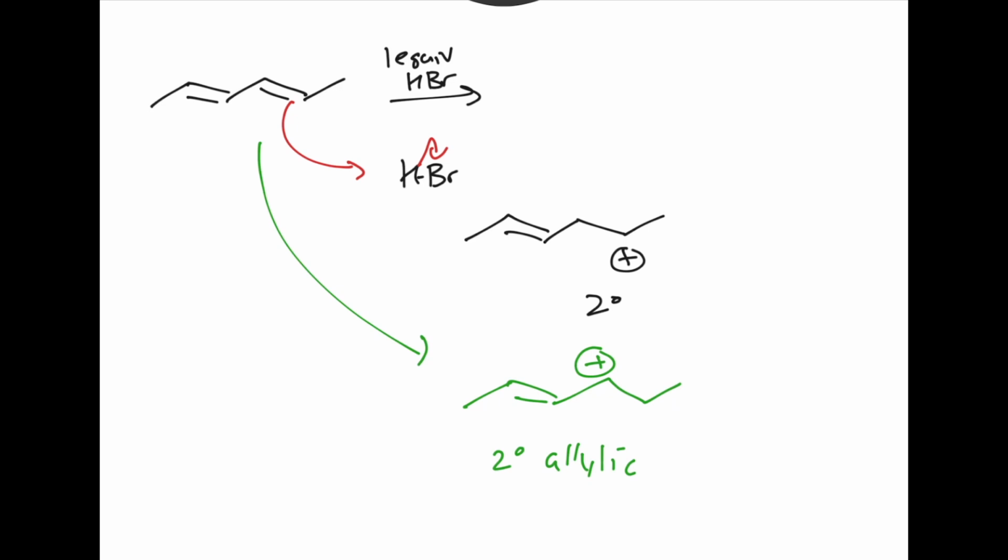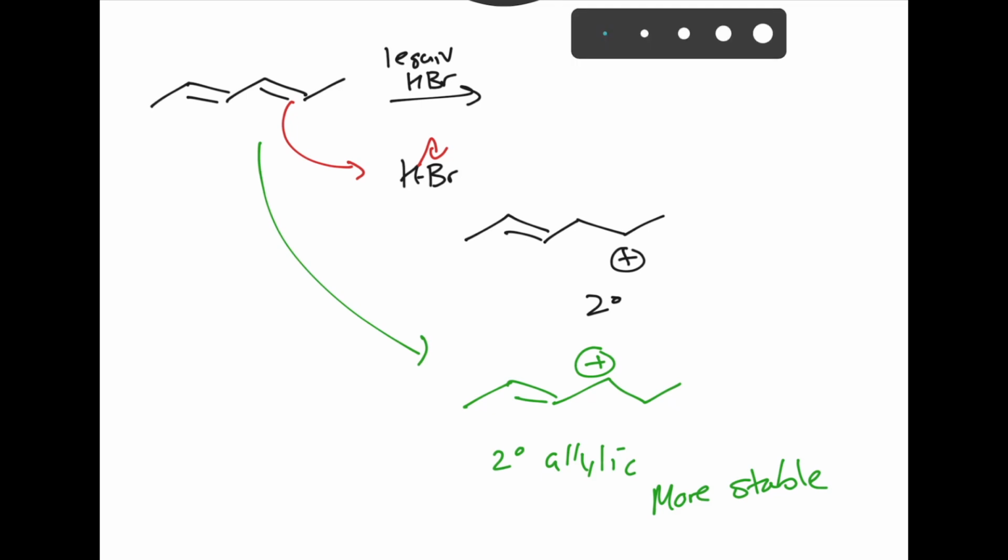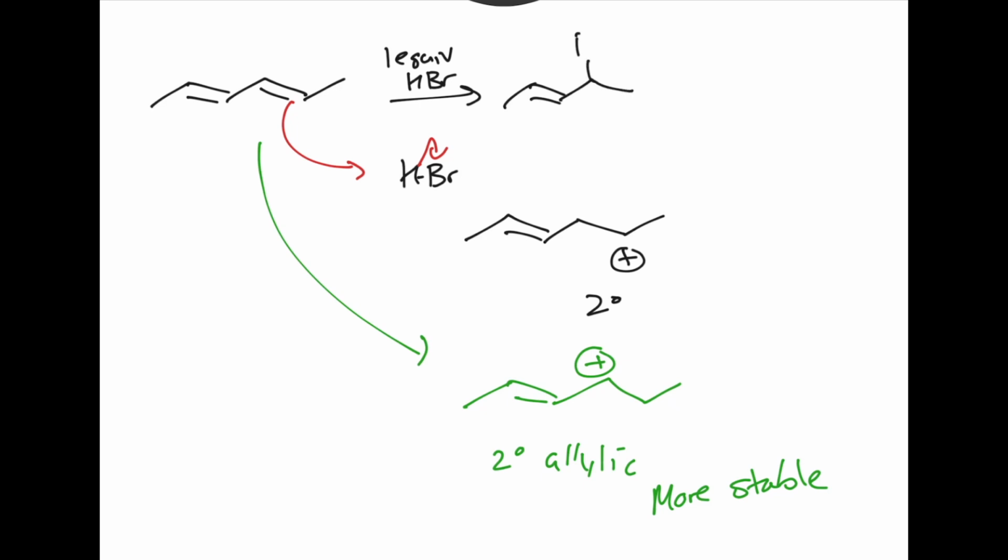I could add that hydrogen to either side of that double bond. This is going to be more stable because it has that double bond to give it resonance. So you're always going to favor making the allylic carbocation because it gives you resonance and stability. So right here, our two products would be 1,2 plus 1,4.